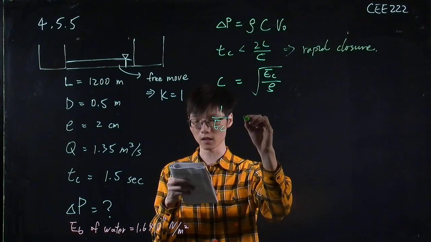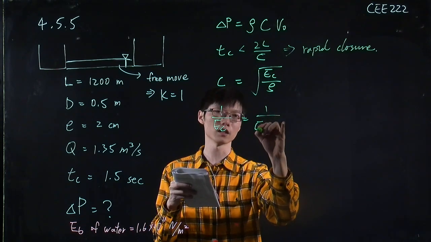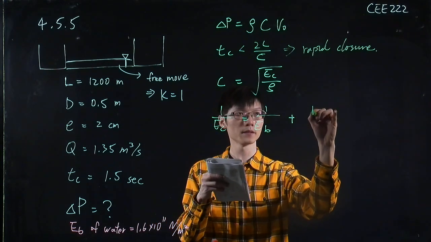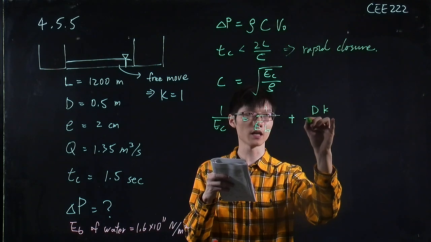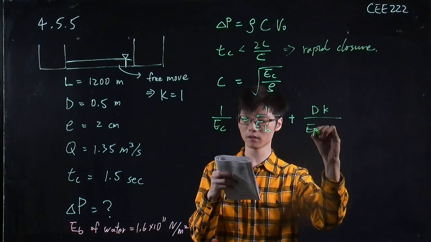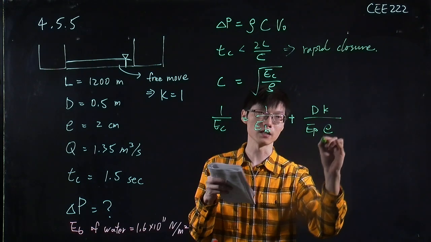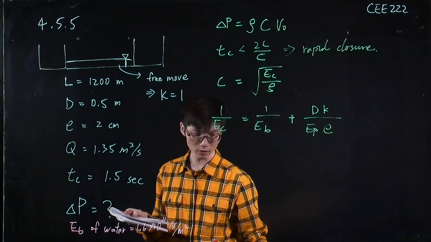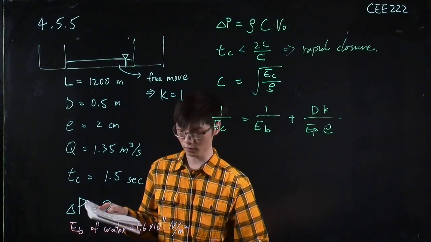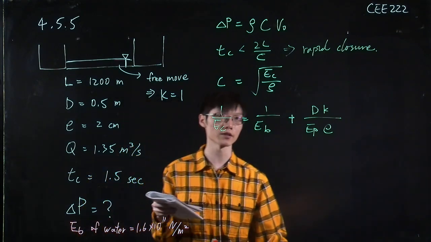That's 1 over EC is equal to 1 over EB plus D times factor K divided by EP times E. Okay, so let's fill in the values first.